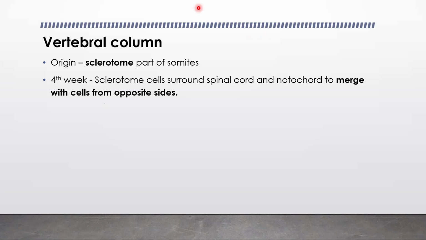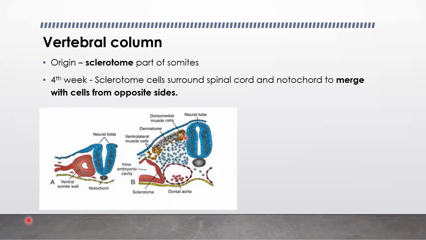Then for the vertebral column, we realize that it will be coming from the sclerotome. A point that I would like us to appreciate is how you get the sclerotome. Remember, the sclerotome comes from the paraxial mesoderm.